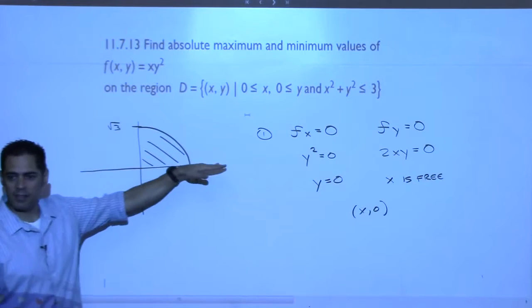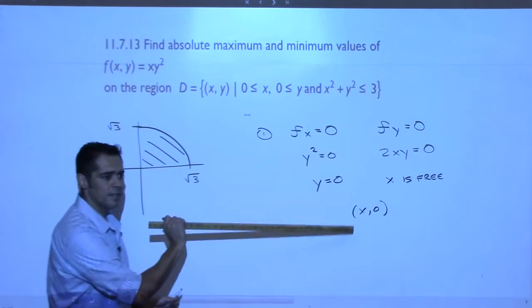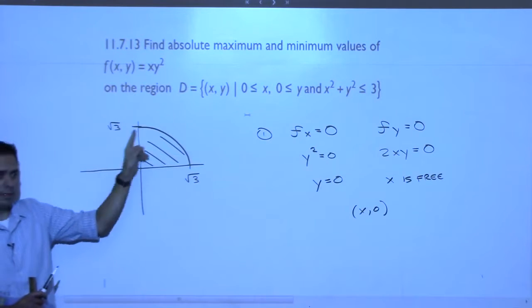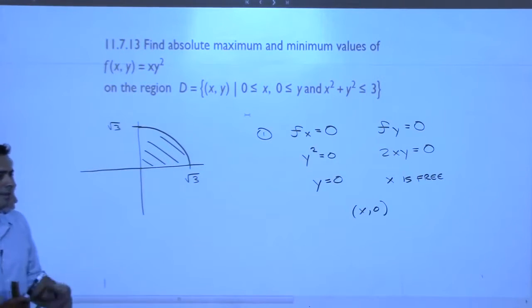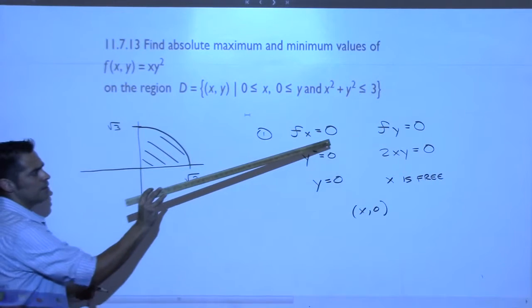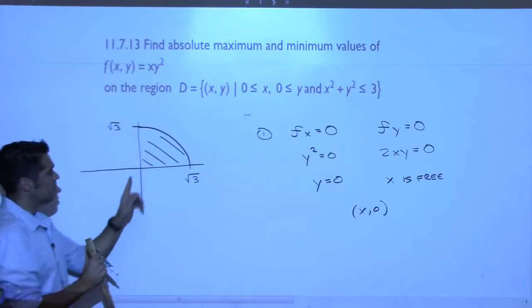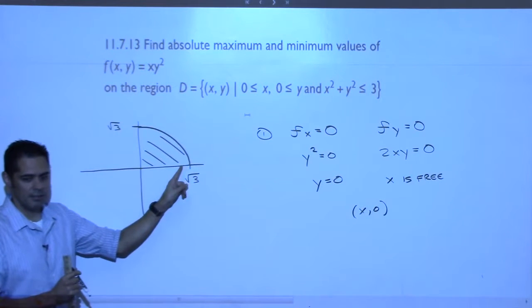This is your x-axis, isn't it? That's what this is. And it turns out that that's the boundary of one of my sides. So we got lucky that the only critical points we're going to get from this is actually what we're going to be looking at in just a second.